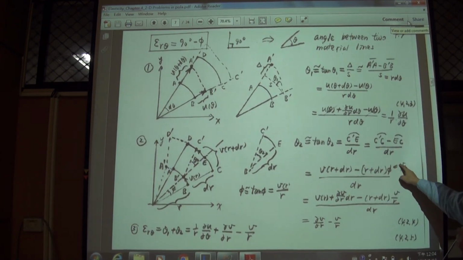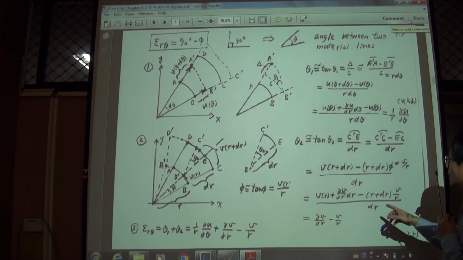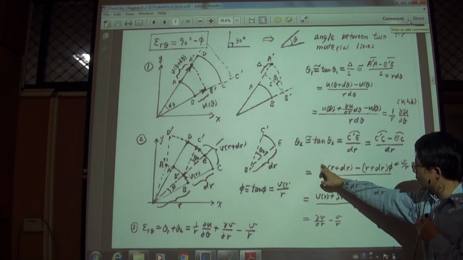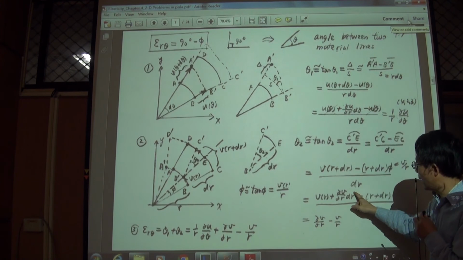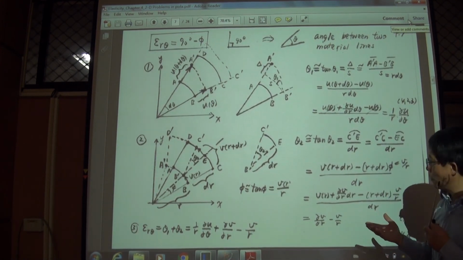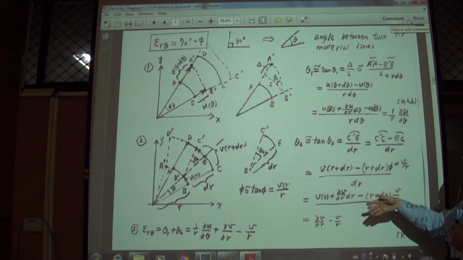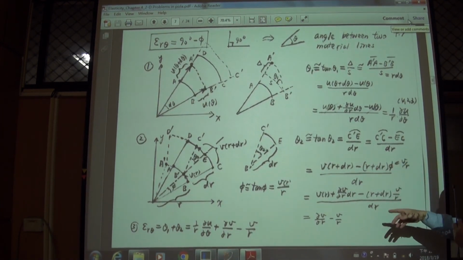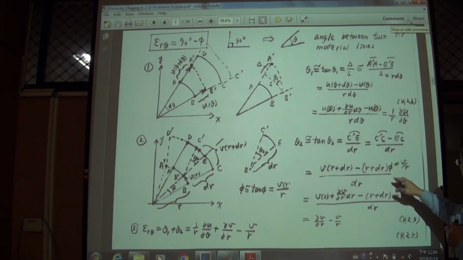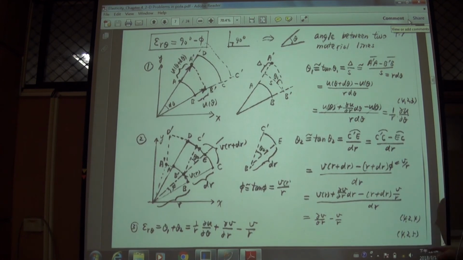Do you understand now? If you understand, then everything is easy. This term can be replaced by this term due to the Taylor series, as we have explained before. This term equals this term with the high order terms neglected.